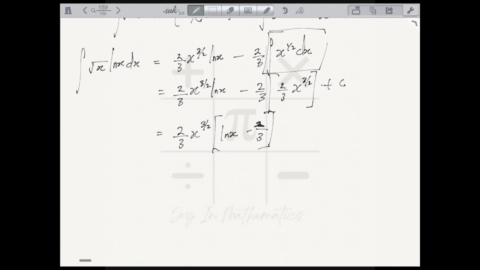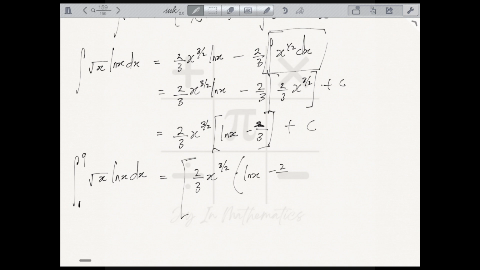Now we recall the question as upper limit and lower limit. Upper limit of 9 and lower limit of 1 of root x ln x dx. Therefore, this will become 2 over 3 x raised to power 3 over 2, and we apply ln x minus 2 over 3, lower limit of 1, and upper limit of 9.